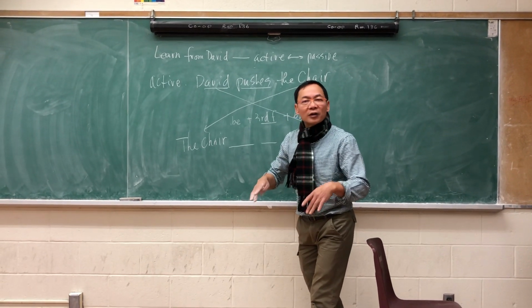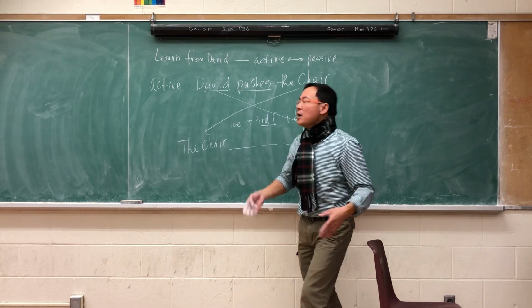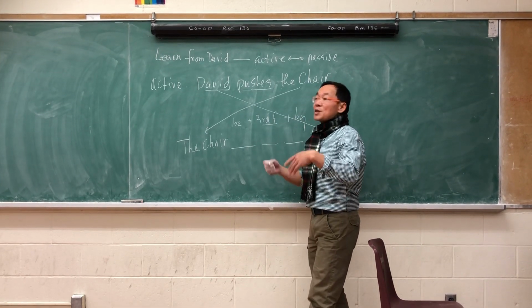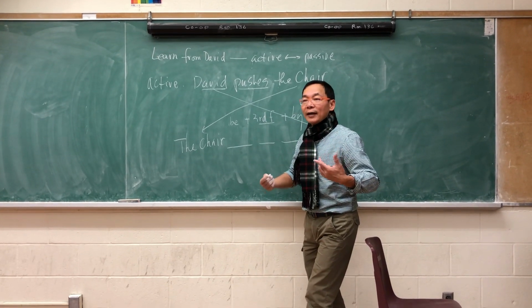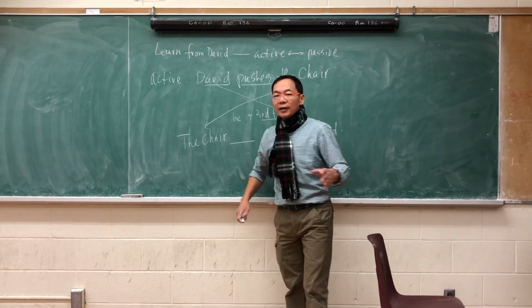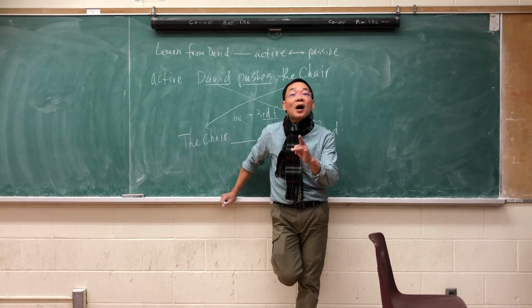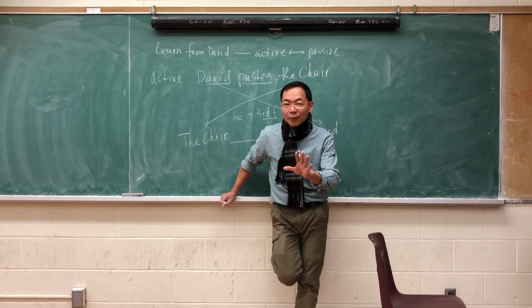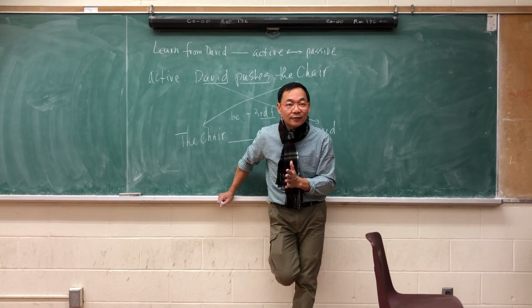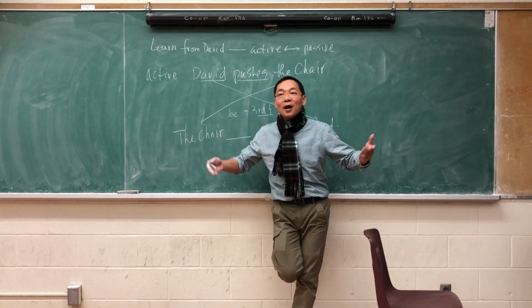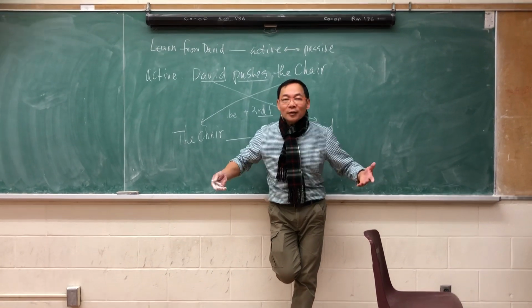No grammar book mentions a third form. The third form in grammar books is called past participle. But I hate that word because I'm an ESL student myself. I don't know how to explain past participle. I don't know what it means.